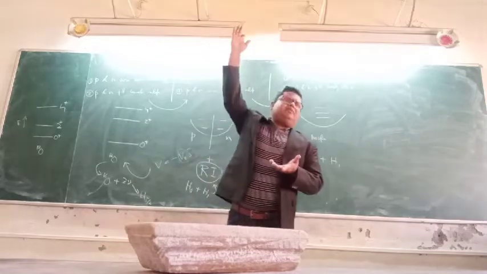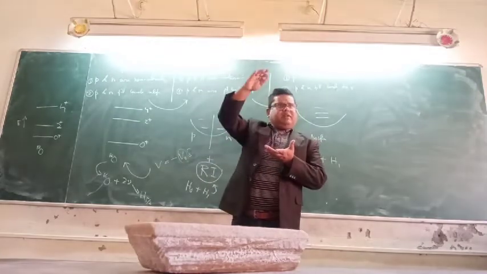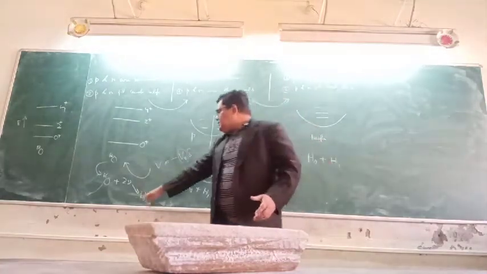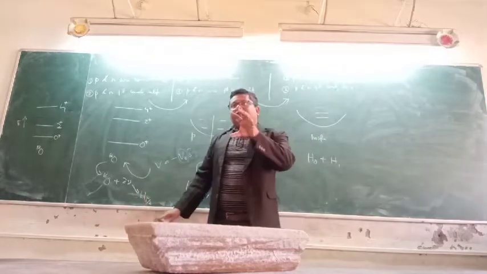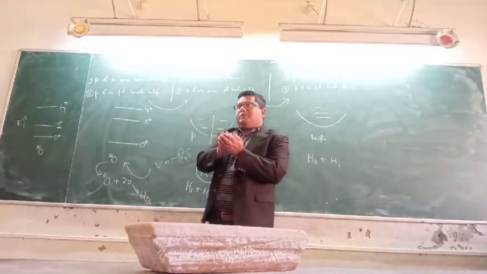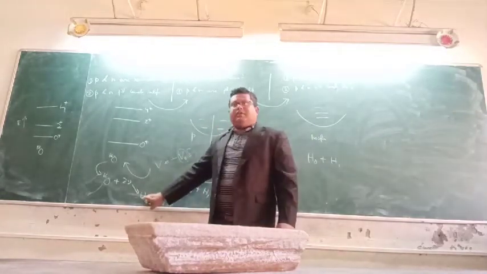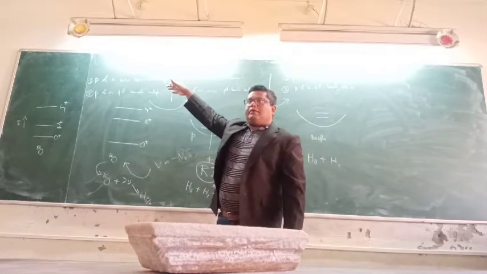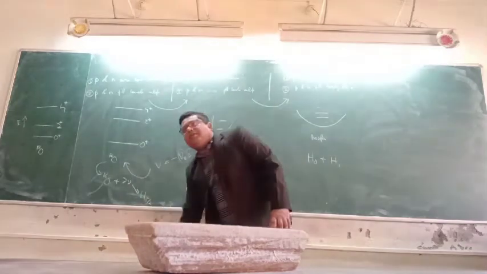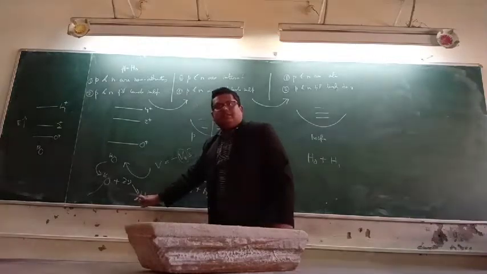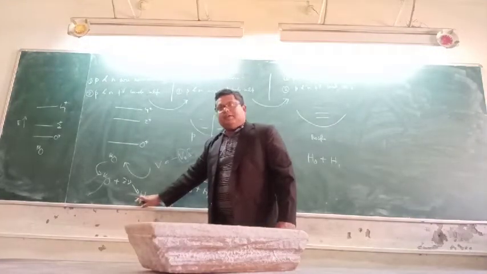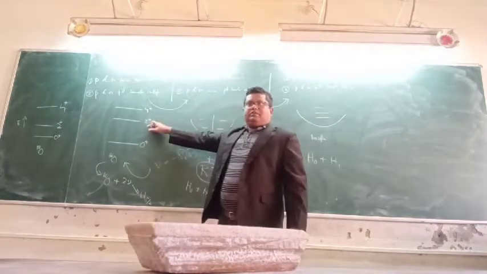There are so many levels above, 2s half, 1d3 half and all that. But in doing these calculations, I have considered the valence space to be just the 1d5 half level and ignored all the levels above and also the core levels below. I have just considered this level, and as a result I have gotten this.